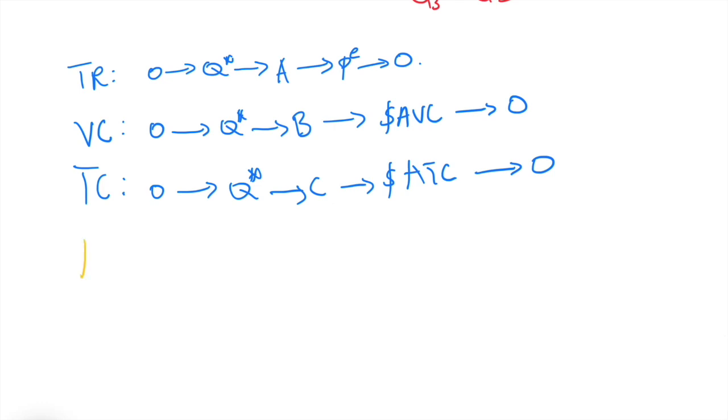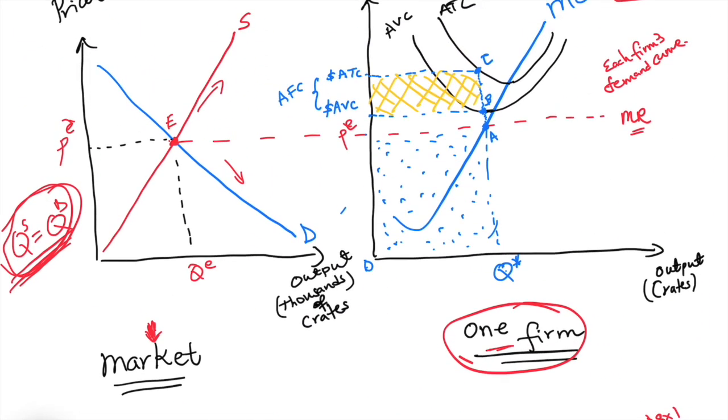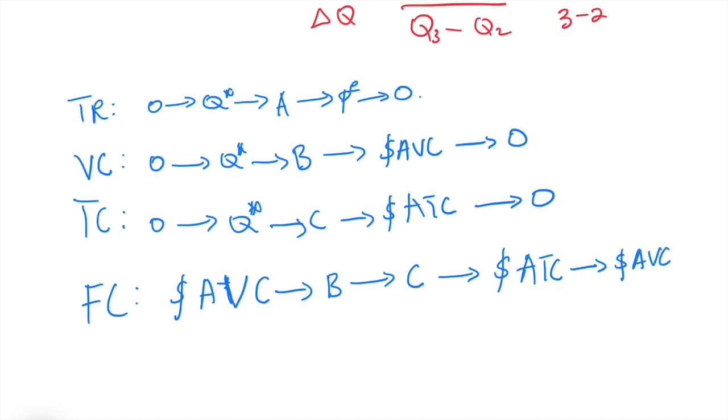Okay, so now let me write that area down. Fixed cost will go from dollar value AVC to B to C to dollar value ATC, and then back to dollar value AVC.